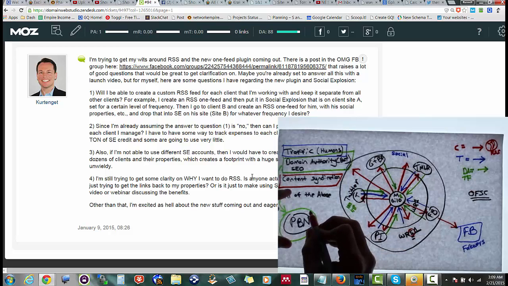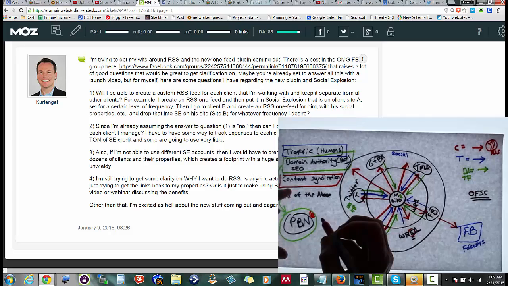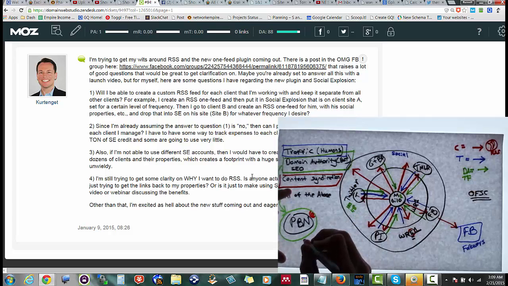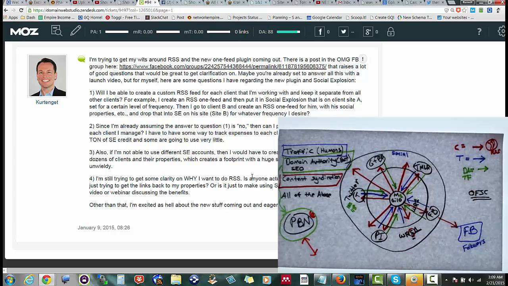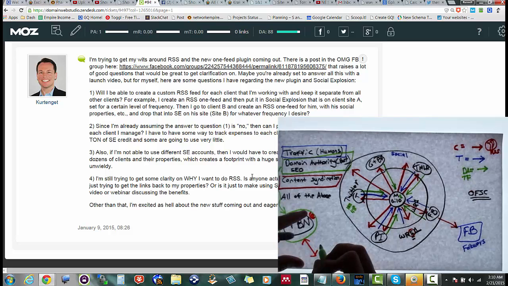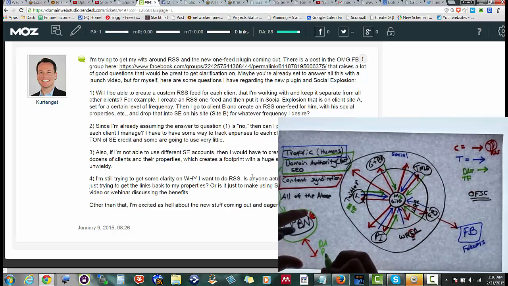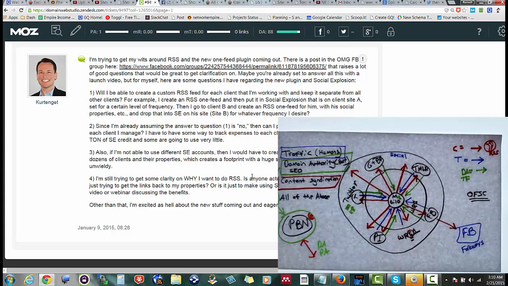When people get confused, it's when you're doing a PBN, the things you're going to want to do with your RSS feed are primarily for domain authority building, for manipulating domain authority. So it's all about DA and PA. Now, what kind of places can you manipulate page rank? Well, every possible way. That's the whole purpose.